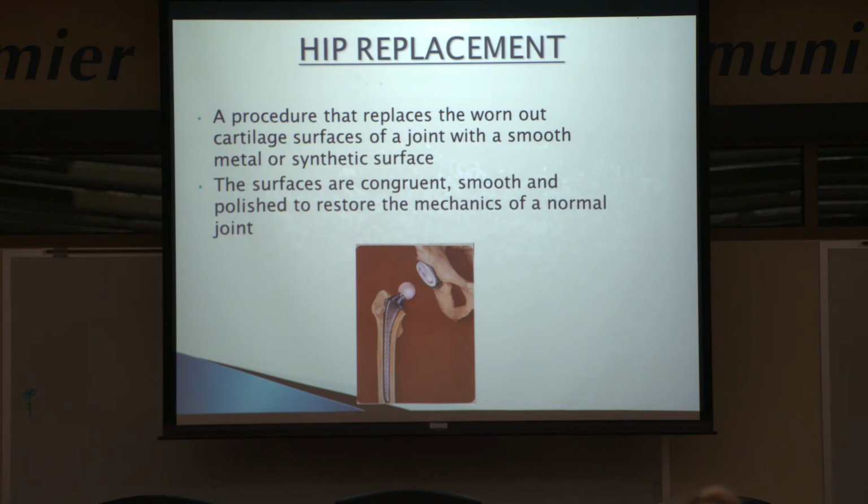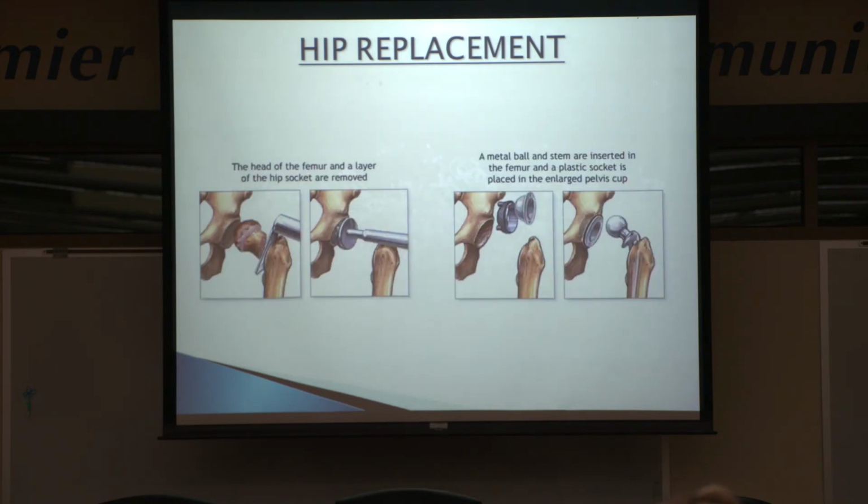Part of the socket implant goes into what used to be the original socket. It does involve removing the arthritic ball and then preparing the socket to accept a new metal socket. There's a liner of usually polyethylene, which is like plastic, and then we put a metal ball or a ceramic ball, and that's the new hip joint.